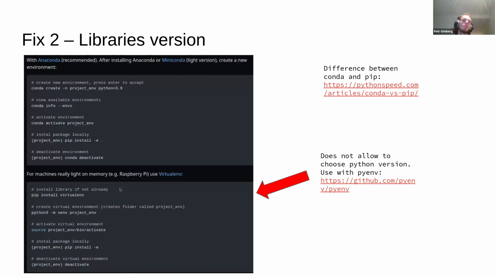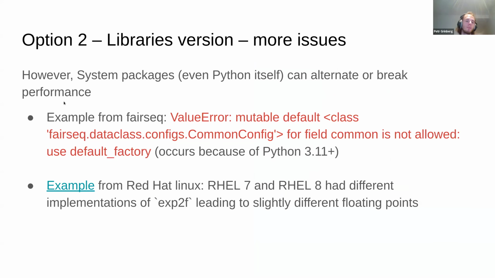So another way of doing it instead of virtualenv is to use conda, anaconda, or miniconda. Miniconda is probably easier to use. And with miniconda, we'll be able to fix one other issue, which is system packages. Notice that even Python itself is your system package, and it can alter or break the performance.